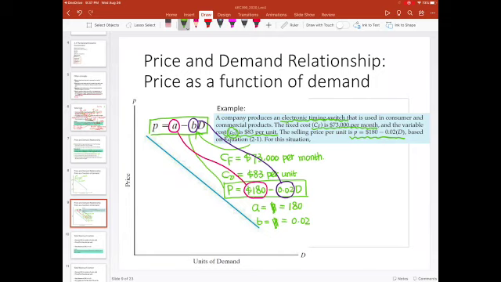Be careful, there's no minus, no negative sign before the 0.02. B is a positive number.